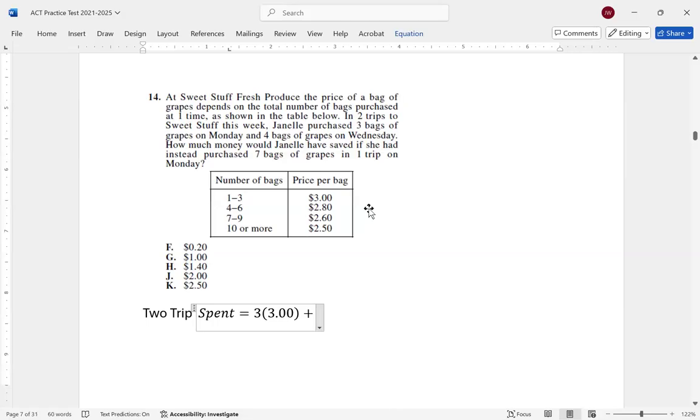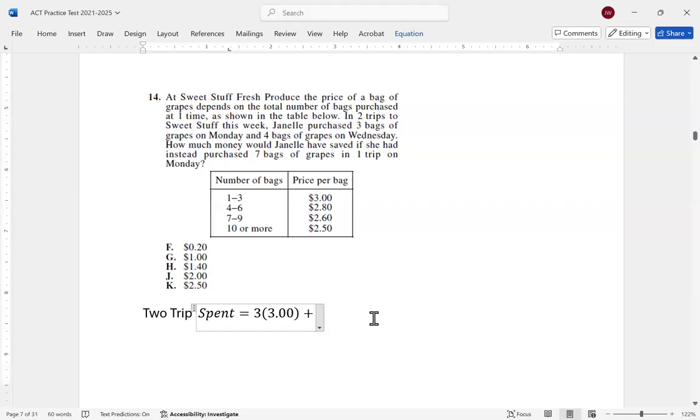And then in the second trip, she would have spent $2.80 per bag because she bought 4 bags. So 4 bags at $2.80. So that's how much Janelle spent on the 2 trips. Once you calculate that, that's $20.20.